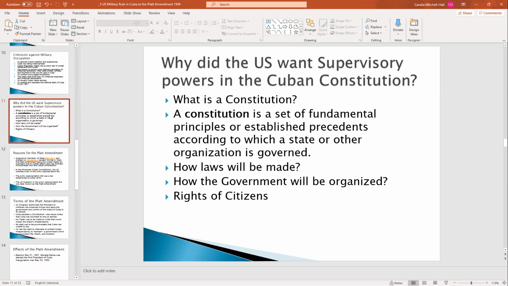So this is what we call a constitution. A constitution tells you who makes the laws, how the laws should be made, how the government should be organized, what rights the citizens have.